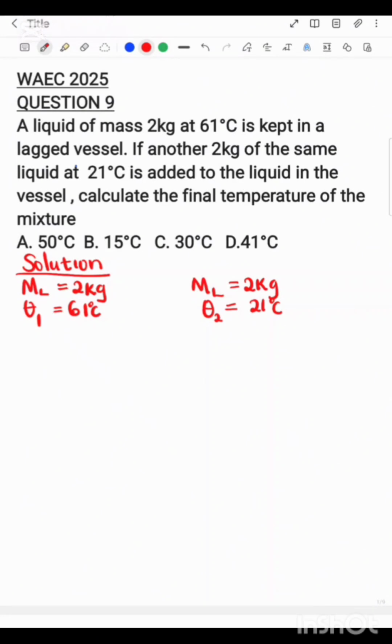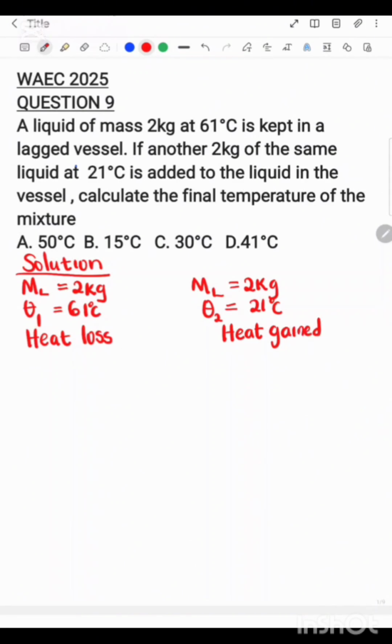So if you look at this, the first liquid which was in the vessel is at a temperature of 61 degrees Celsius, while the second one is at a temperature of 21 degrees Celsius. Definitely, the one with 61 degrees Celsius is going to lose heat to the one with 21 degrees Celsius. And from this concept, the first liquid is going to be losing heat. So this is heat loss, and this is going to gain heat. So this is heat gain.